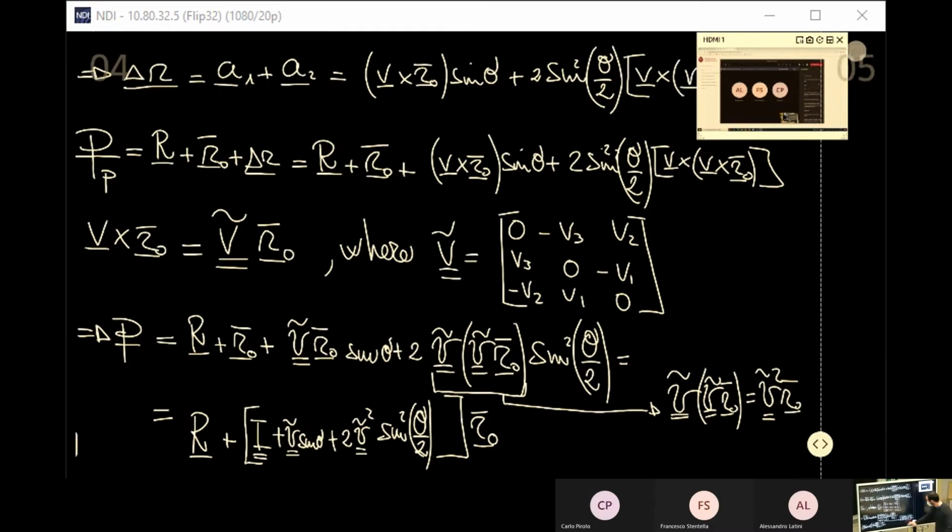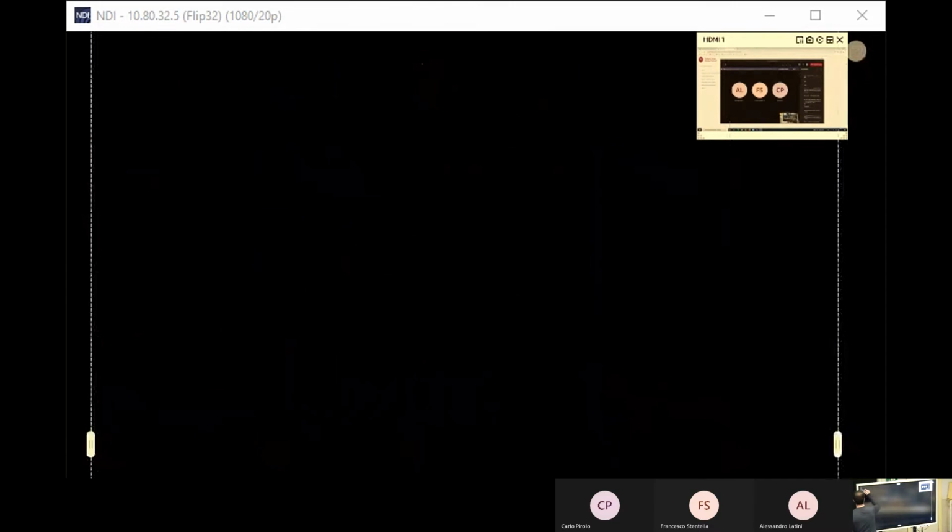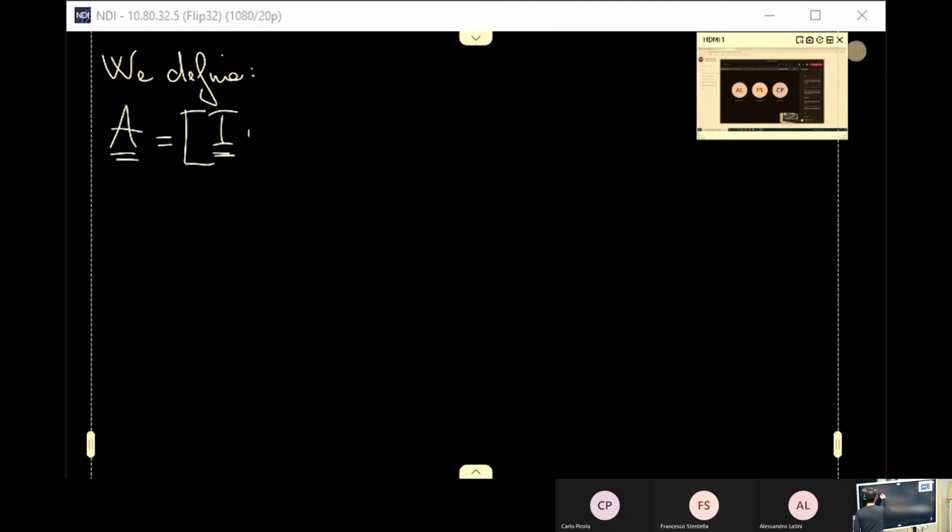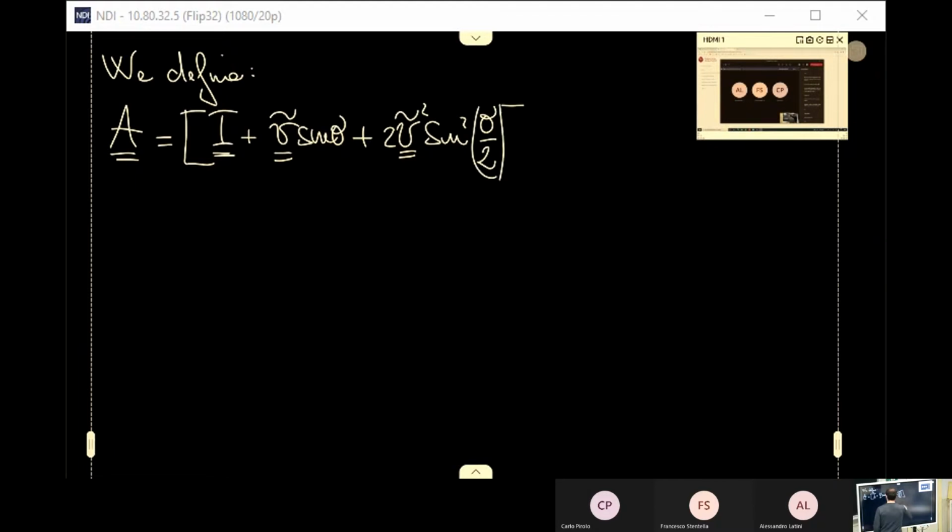So if we define this matrix A as this, then eventually you can write very elegantly P as what?